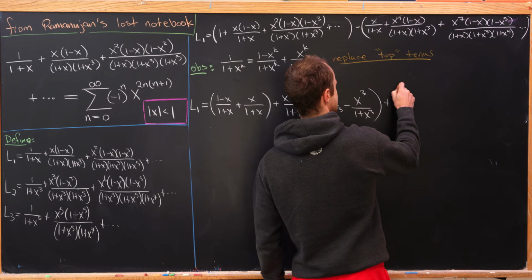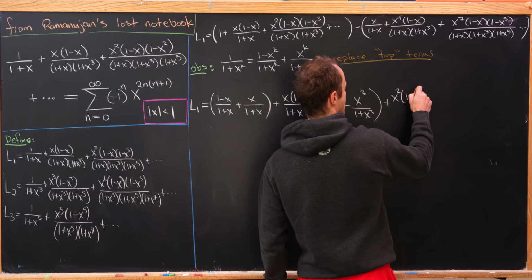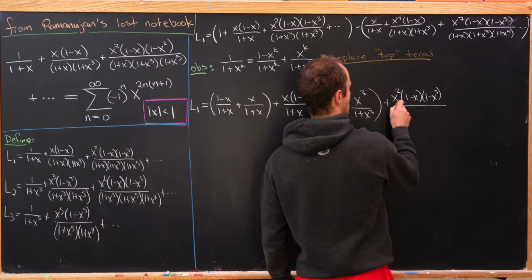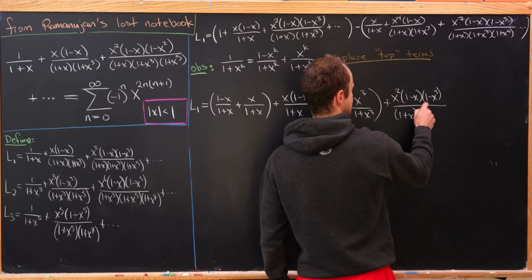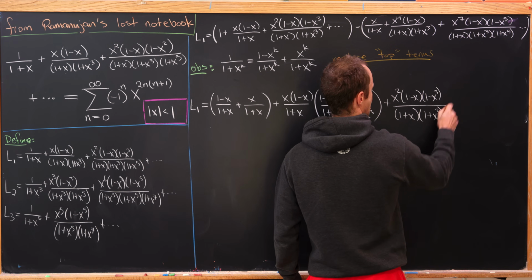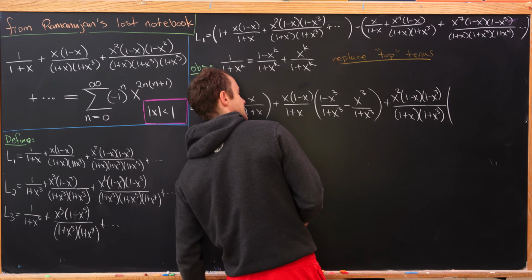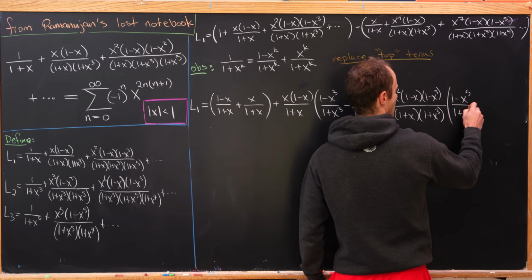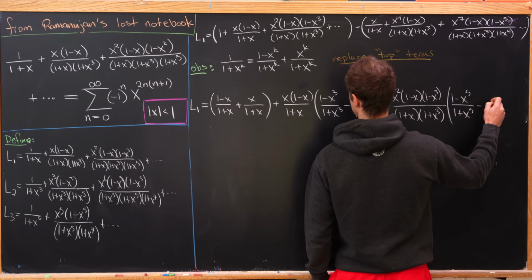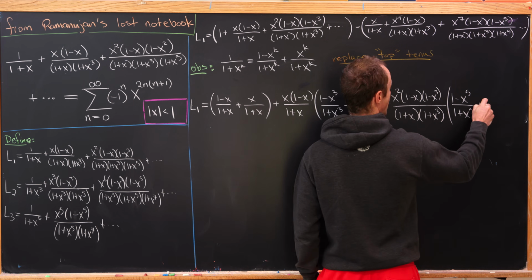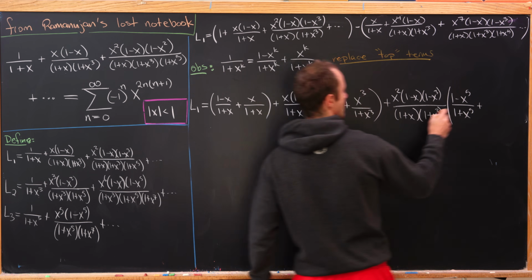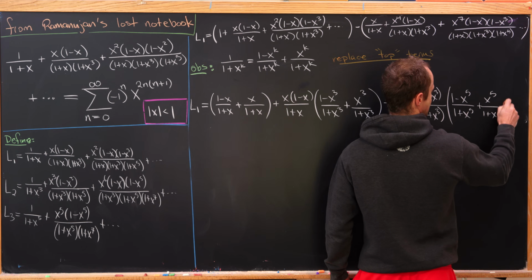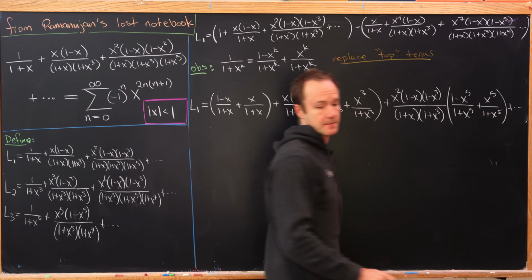So my next term will be x squared, 1 minus x times 1 minus x cubed over 1 plus x cubed, and then making the top term replacement, I have 1 minus x to the fifth over 1 plus x to the fifth, plus, and this should have been a plus as well, x to the fifth over 1 plus x to the fifth, and then we keep going.